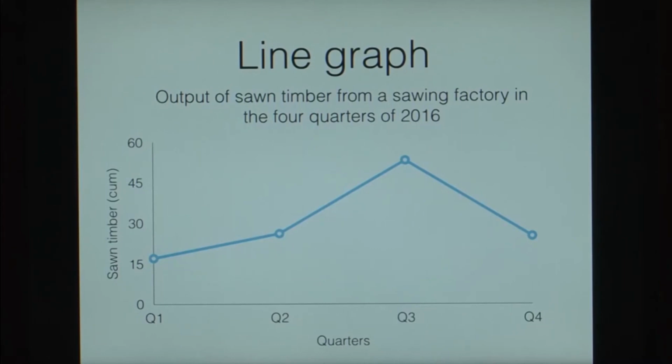In all the cases we are not required to make bars on the graphs, but we can always take a central value and then join them together by straight lines to make a line graph. As we can see in this graph, the output increases from quarter 1 to quarter 2, then increases again from quarter 2 to quarter 3 reaching a maximum, and then falls from quarter 3 to quarter 4. So, this is a line graph.